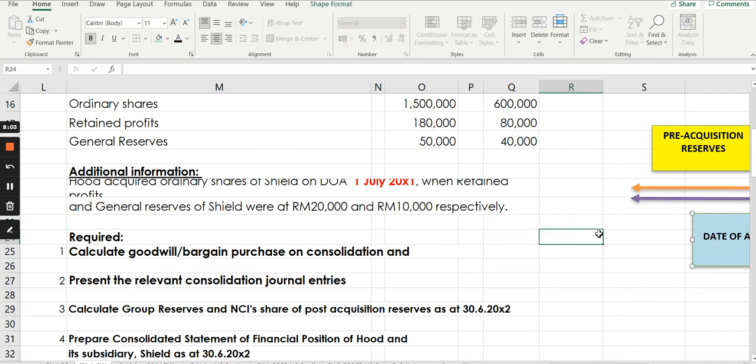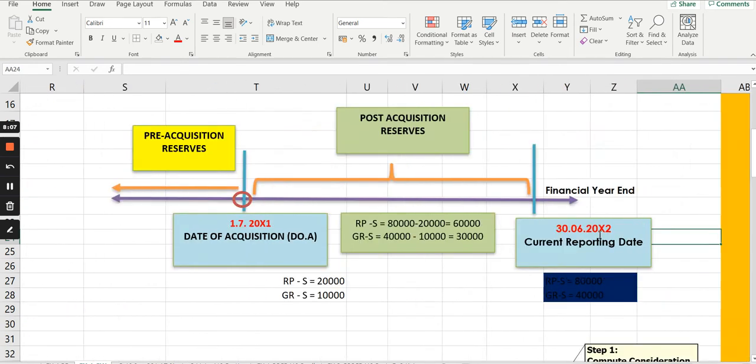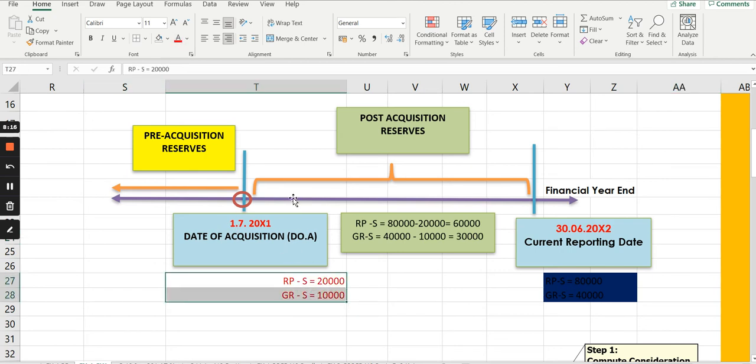I'm drawing a timeline to illustrate the concept of pre-acquisition reserve. So the 20,000 and 10,000 is the pre-acquisition reserve balance that stood in the subsidiary on the date the shares were acquired.